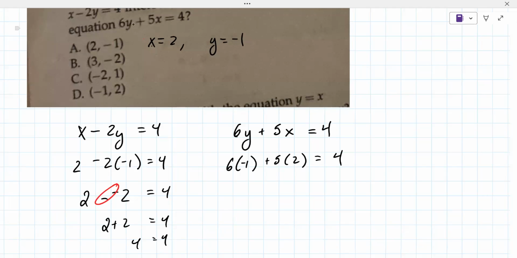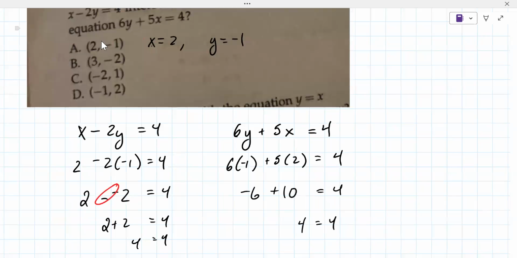Hold on, let's see. 6 times -1 is -6, and then plus 10. So -6 plus 10. Yes, it is 4. Okay, so that one worked.